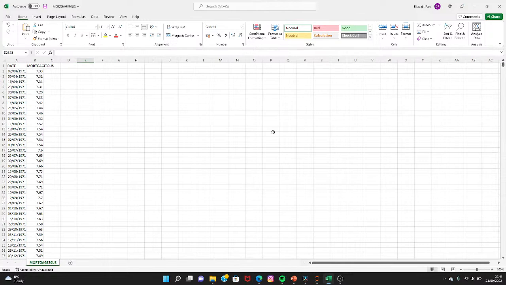So data for more than 50 years, and it's weekly data. We've got the average mortgage rate for each week, starting April 1971 until September 2022. So about 51 years of data.